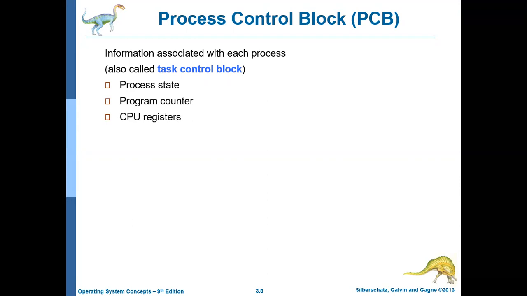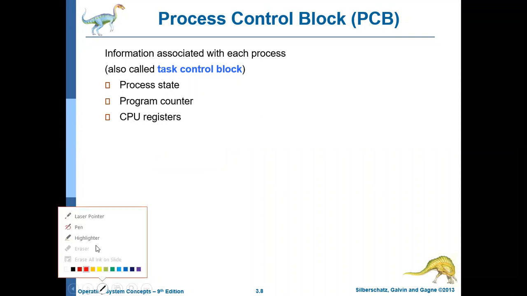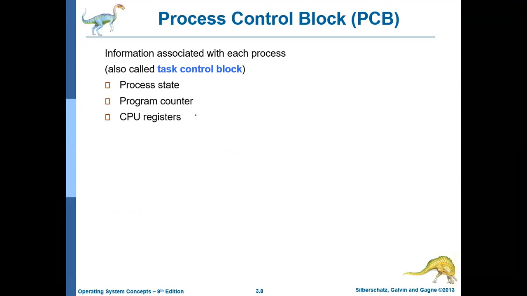Primarily it includes the values of three types of CPU registers: accumulators, index registers, and general purpose registers.